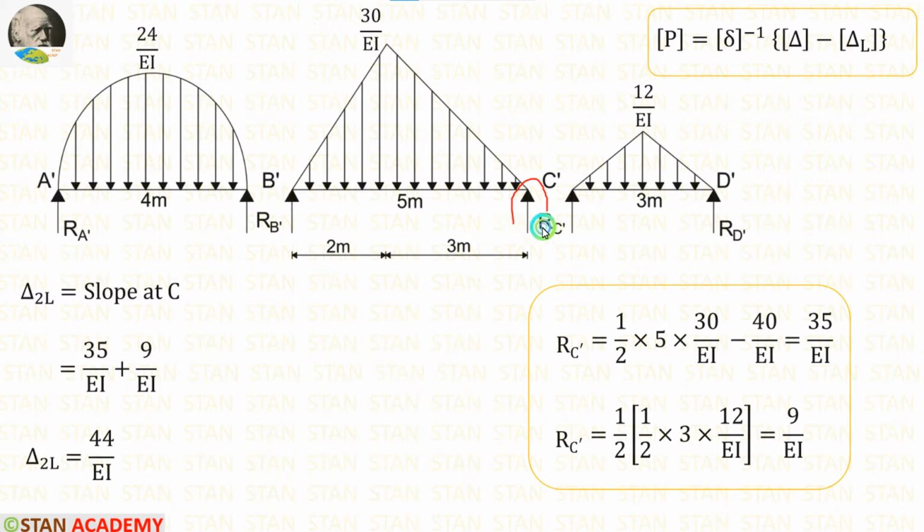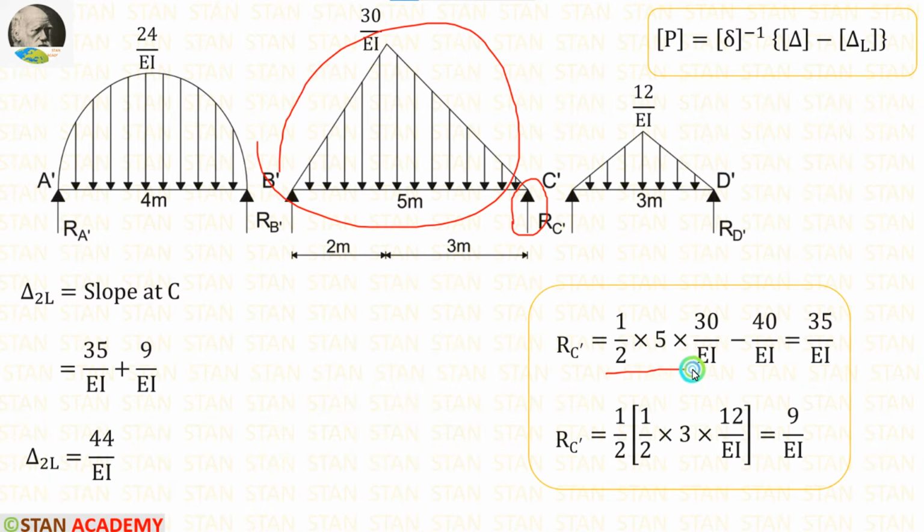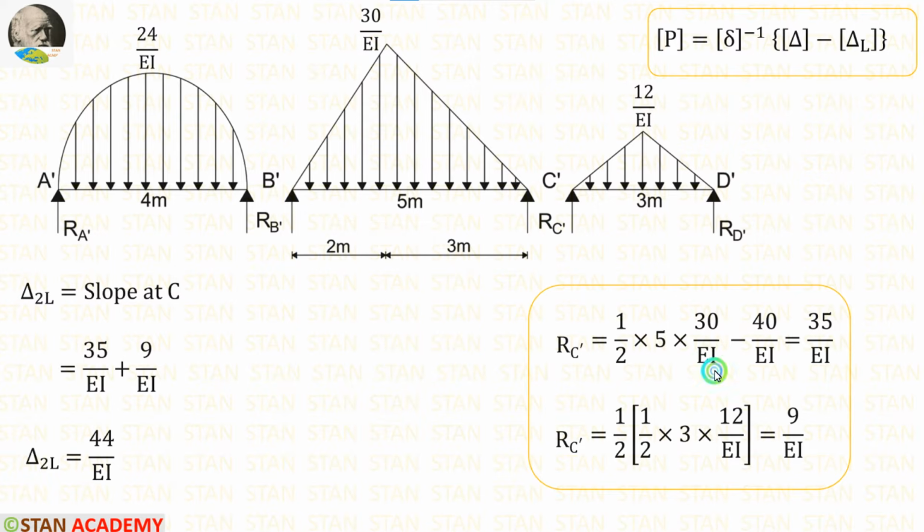Here RC dash can be easily calculated by taking the total load. Here the total load is area. We already know the area formula of half into breadth into height. From the total load, we can subtract RB dash, which we got in the previous step. After subtracting, we are getting RC dash, which is equal to 35 upon EI.